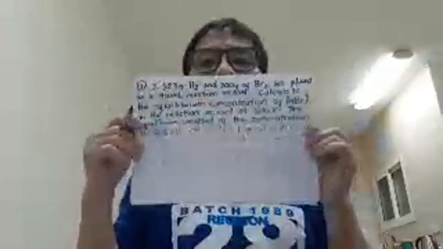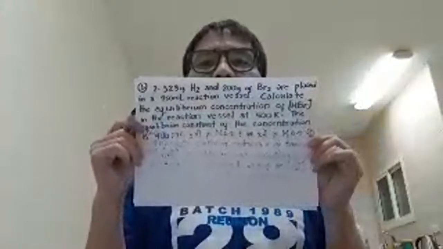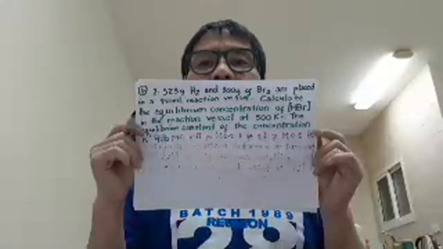In here, it's very clear that there are amounts of reactants stated in this particular problem. Then we must write that down. So given: 2.523 grams of hydrogen gas, or H2.